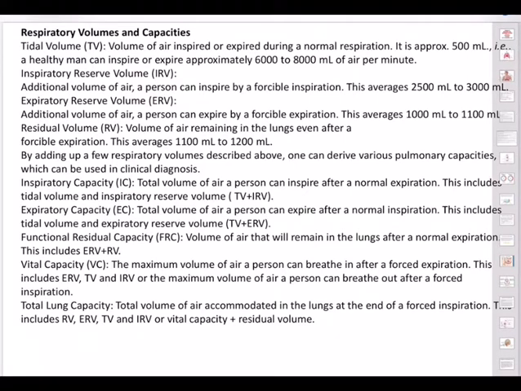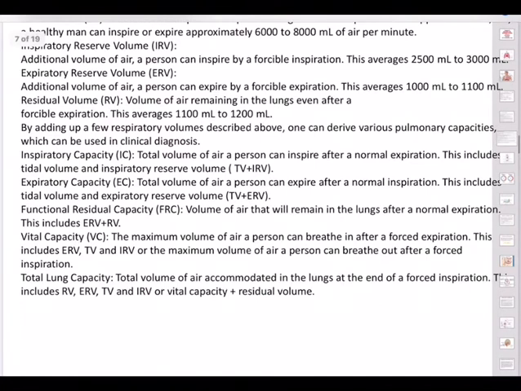And then we come to vital capacity, VC. Vital capacity should be around 4000 to 4600 ml. It is the total volume of air inspired and expired to a maximum level. So how can we write a formula for this? It is the maximum volume of air a person can breathe in after a forced expiration.